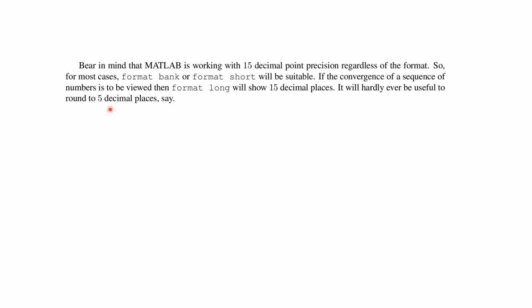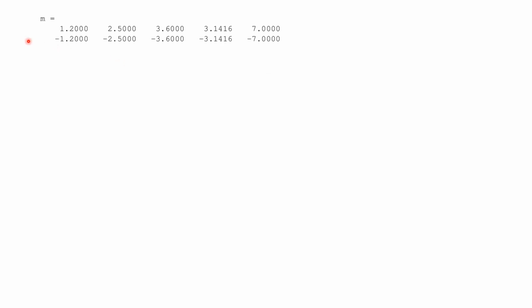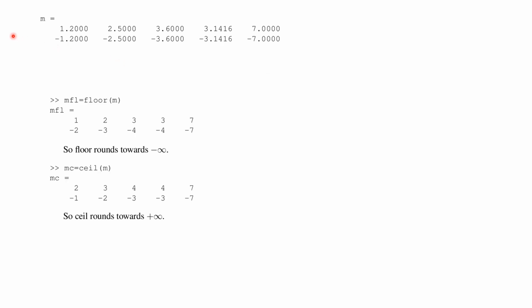Formatting long if you want to look at what is going on further down the line in some calculations, say convergence of a sequence. Formatting short will be the format that you will use mostly, and sometimes for financial calculations you'll need format bank. The arithmetic operations taking the floor and the ceiling.